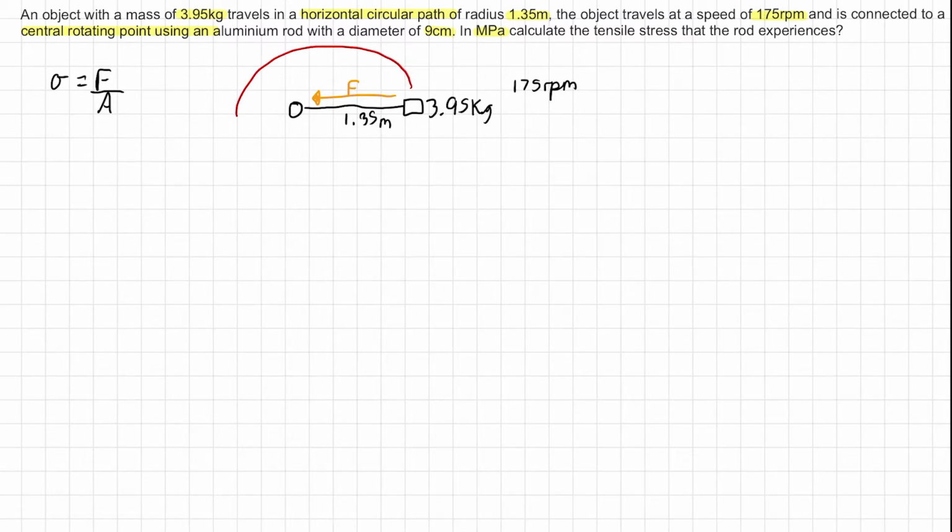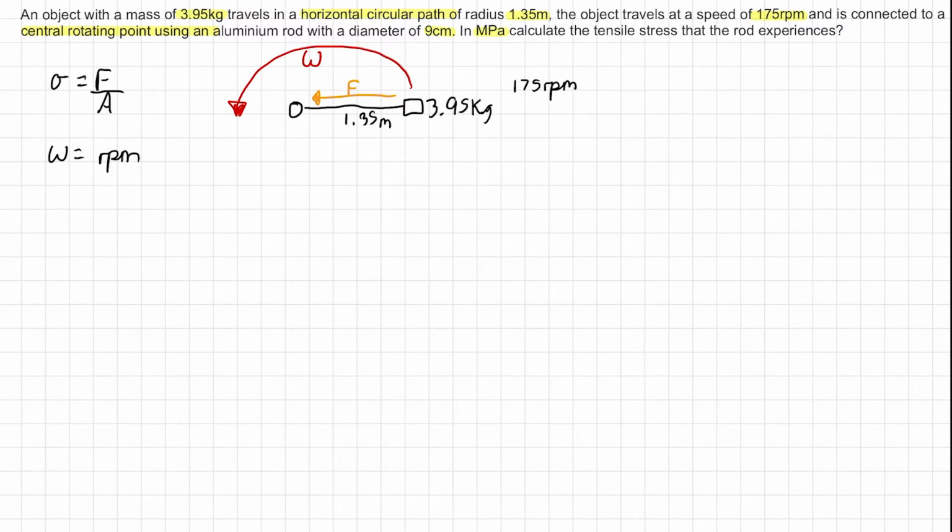So then also, as it's a horizontal circular path, we know the mass will be travelling around like that. So it's going to be angular acceleration, angular velocity, that we need to calculate. So first things first, we'll calculate the angular velocity, as that's what we need to calculate the centripetal acceleration.